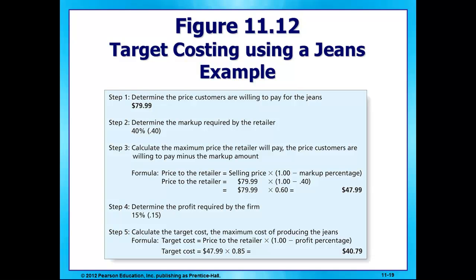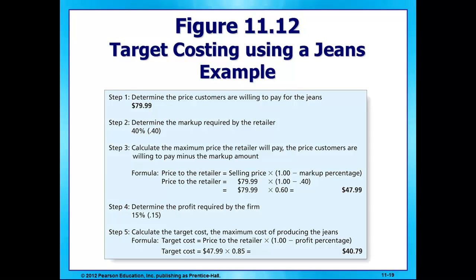This price is determined based on market research, oftentimes using a technique called conjoint analysis, where willingness to pay is the variable being developed. That price customers are willing to pay is sometimes called the sweet spot.